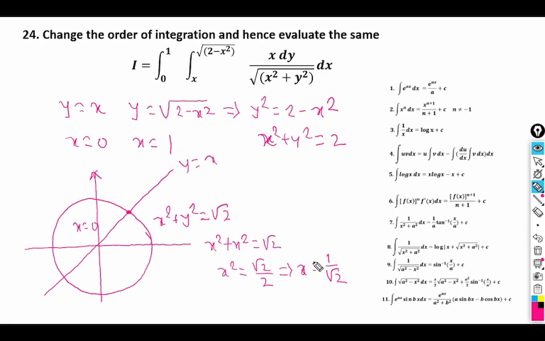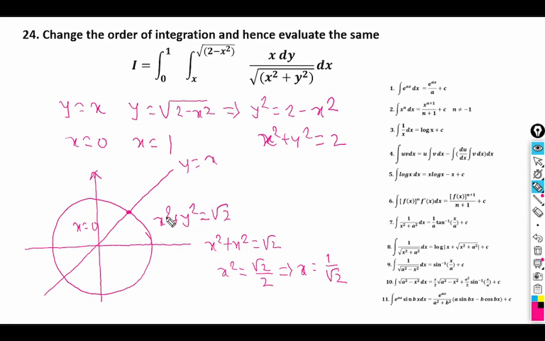Which line did we leave? x equal to 1 only is left. If x is 1, y is 1. So this coordinate, x is 1, y is 1. If you replace 1 comma 1, 1 plus 1 is 2 only.